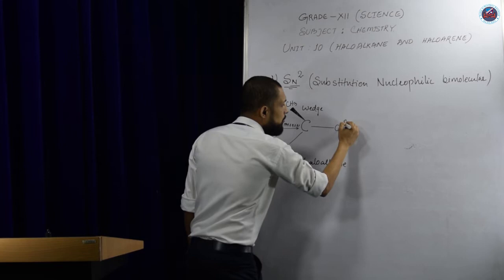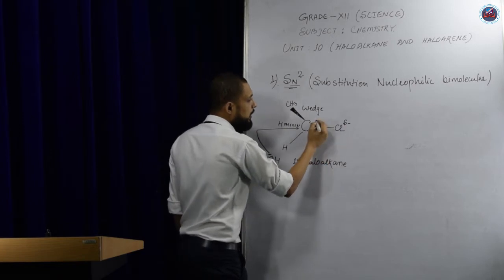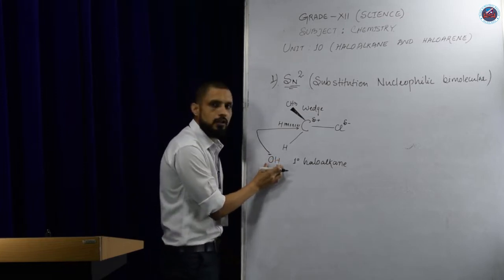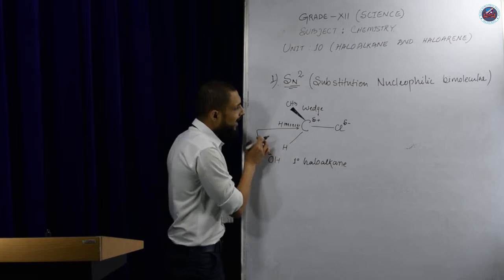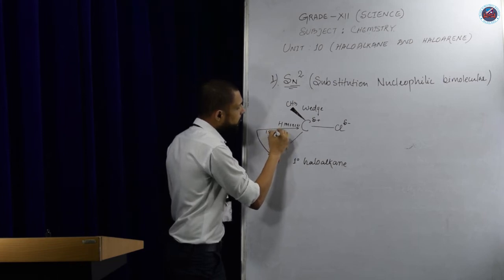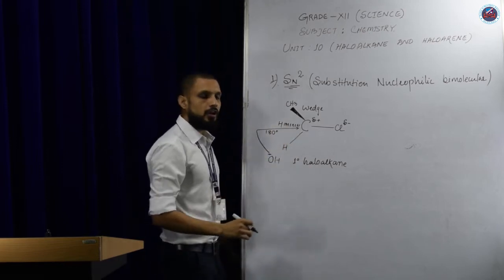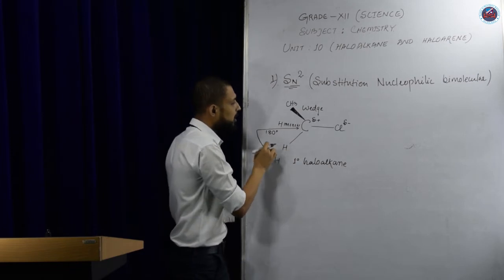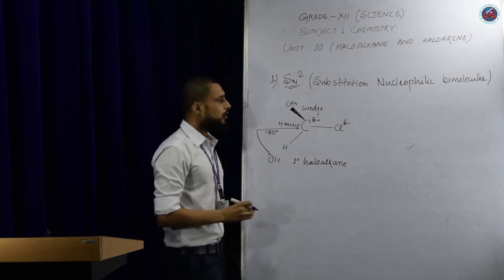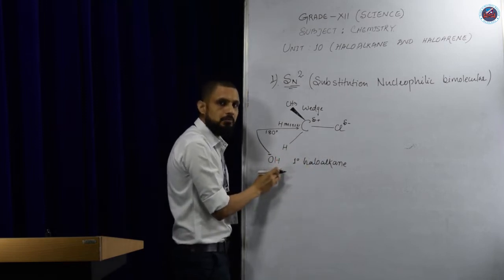So chlorine will be partially negative because the electron density will be shifted toward chlorine and carbon will be partially positive.